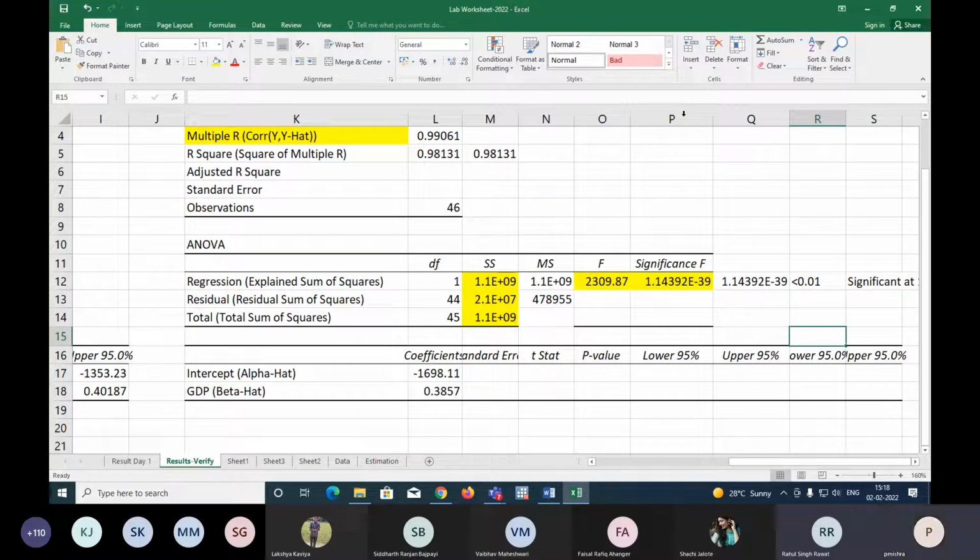Now I was talking about certain criteria. Suppose this significance level is, I'll just write it down and then I'll upload this file. Suppose this significance level is greater than 0.10.